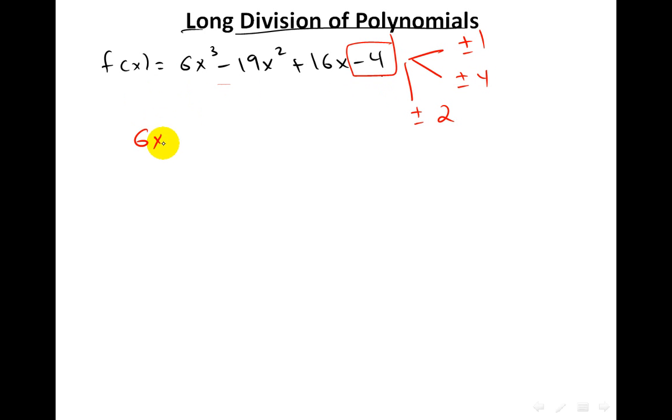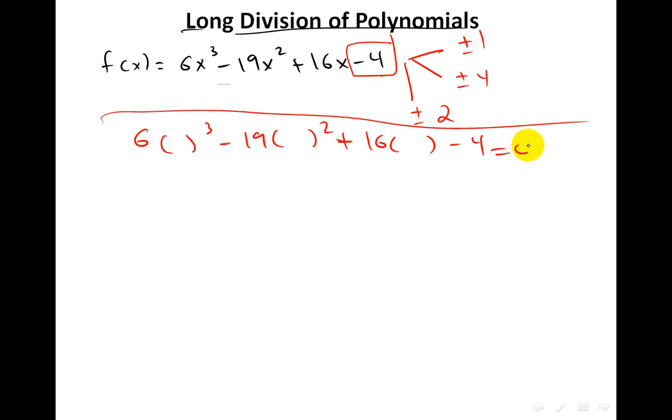So make it 6x cubed minus 19x squared plus 16x minus 4 equals 0. Here plug in one of the factors of negative 4, and if it gives 0 equals 0, then that's the right factor.